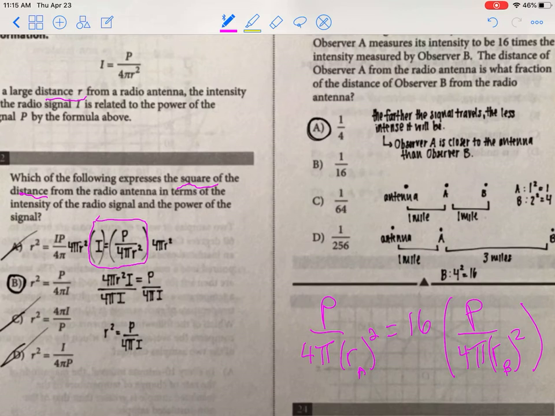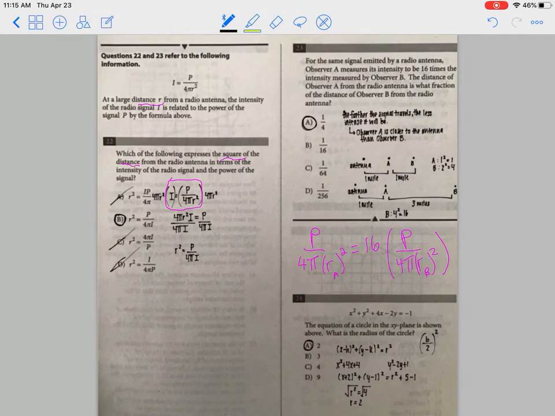If you clean that statement up, you'll notice the P's go away, the pi's are on both sides. I actually did not reduce anything else, so I left it as, over here, 1 over 4 r sub a squared equals 4 over r sub b squared. And that's just cleaning up the 16 over 4 as a 4.